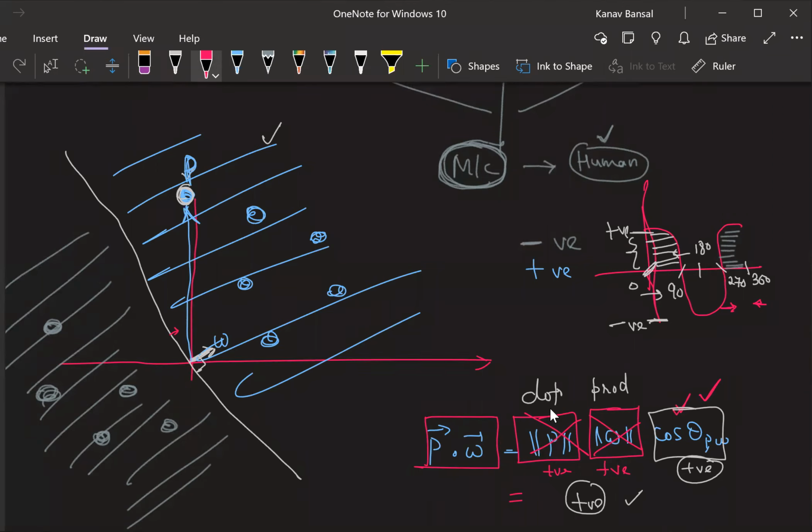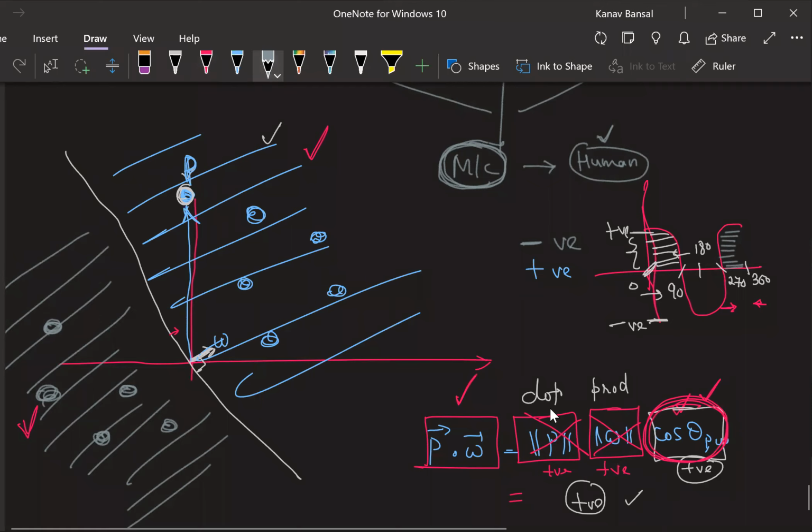Perfect. Now, any doubts, any queries? So this is how we are doing this. We are not even now doing the dot product. We can only compute the cos of that angle, theta, and we can find whether the point is lying on the positive side or the negative side.